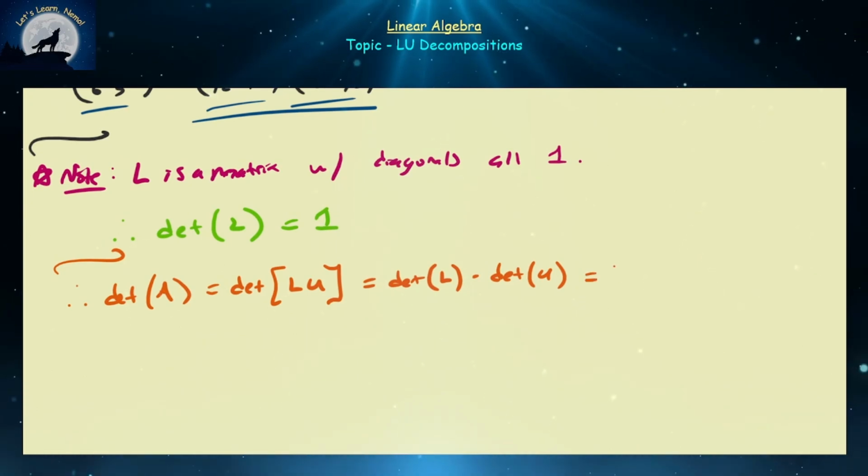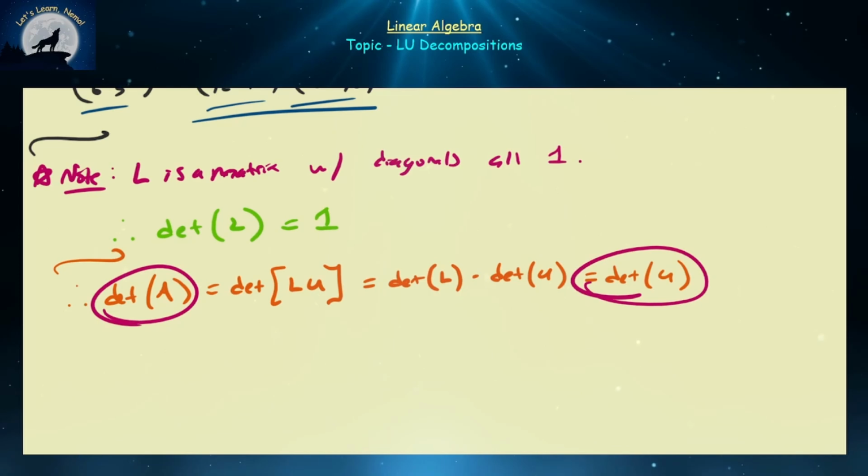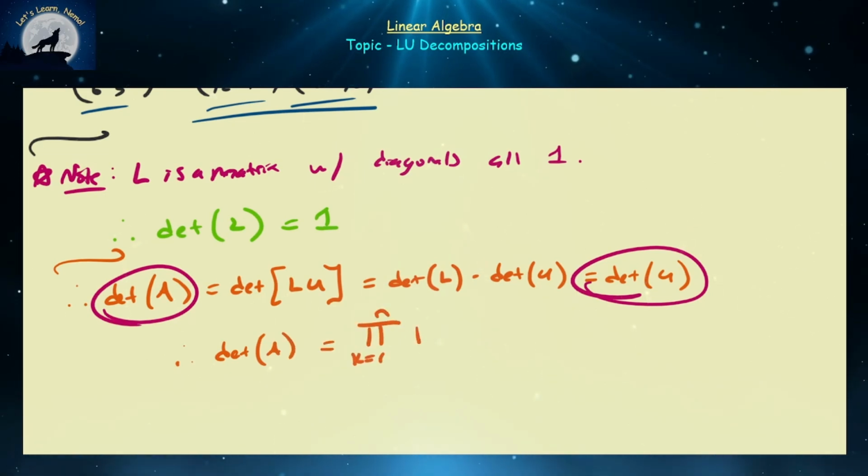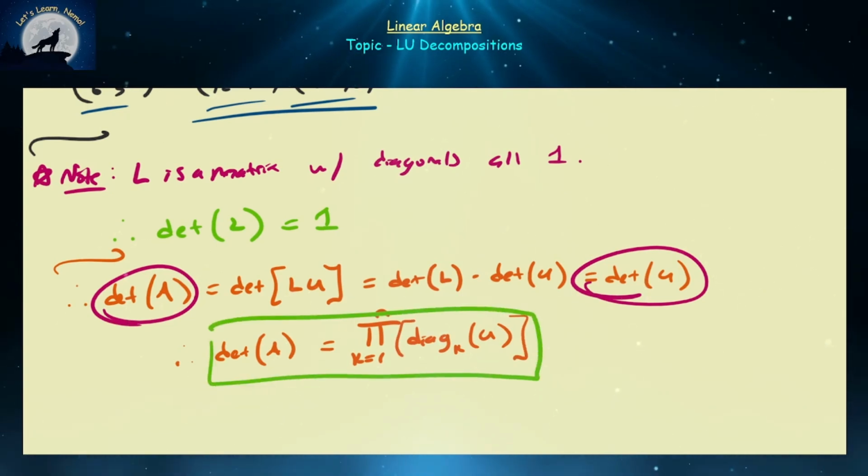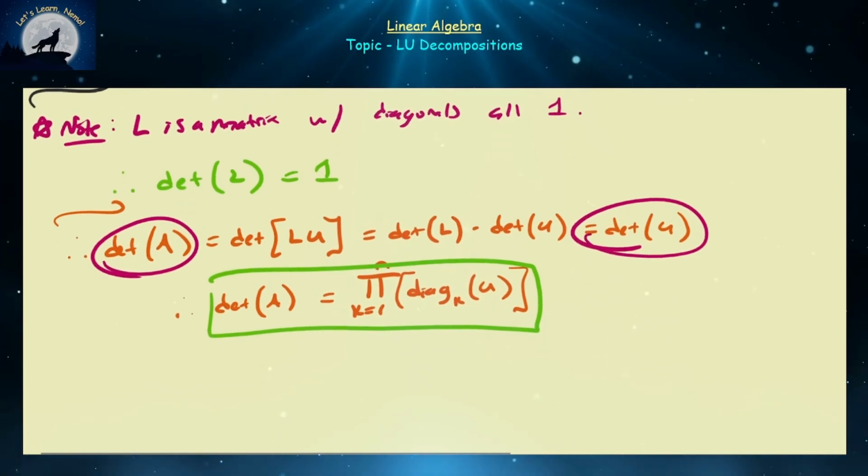So this is just equal to the determinant of U. So if you can find this upper triangular matrix, then you can easily find the determinant of A. Moreover, U is a triangular matrix, so that means the determinant of A is just equal to the product from k equals 1 to n of the kth diagonal entry of matrix U, because it is a triangular matrix, right? So we have this particular property.